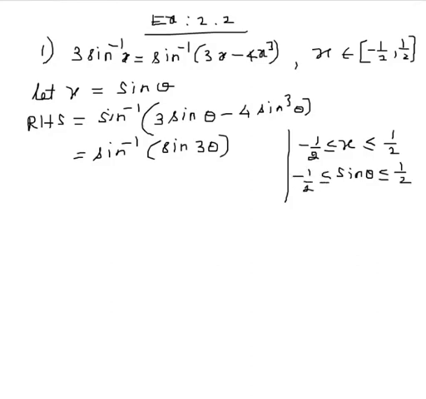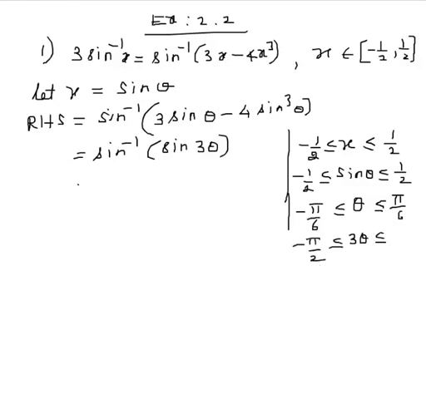Let us take sine inverse throughout. This becomes theta. Sine inverse of plus half, first quadrant angle, which is pi by 6, and for minus half we get minus pi by 6, because principal value branch for sine inverse is minus pi by 2 to plus pi by 2. For negative values, negative angle. Let us check for 3 theta. Multiply throughout by 3.